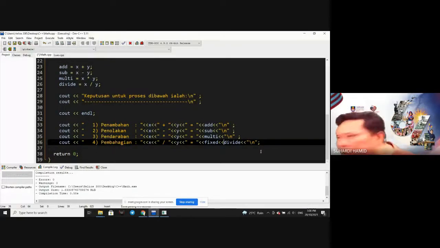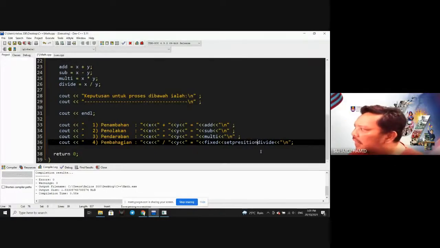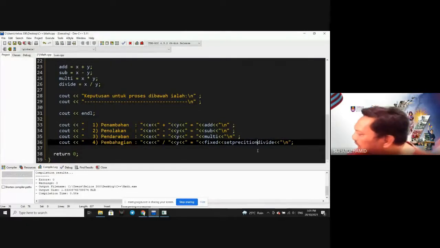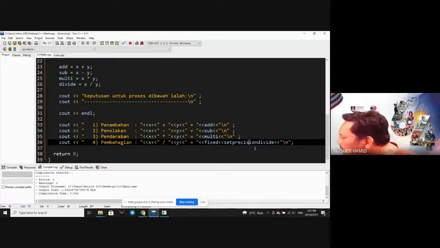Now you type in setprecision. Instead of a T, it is an S. So like this, setprecision.